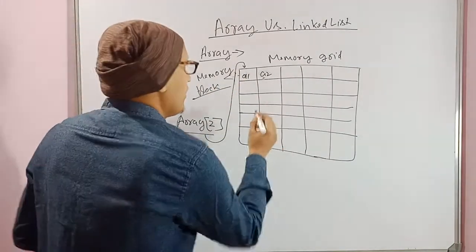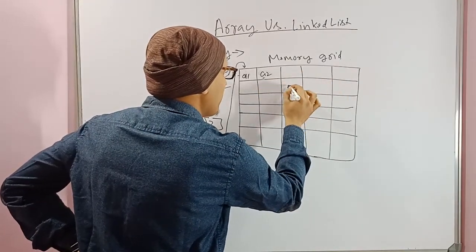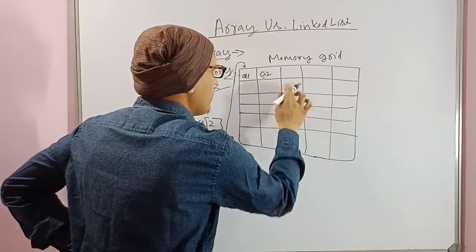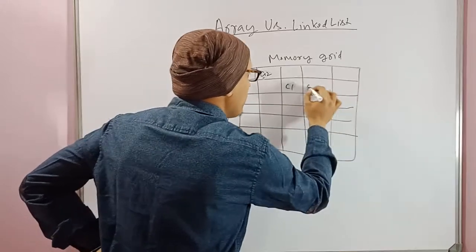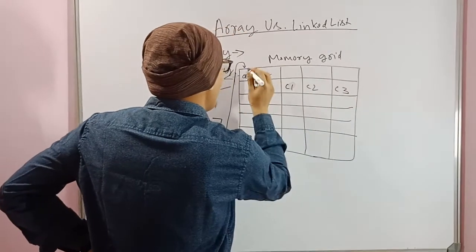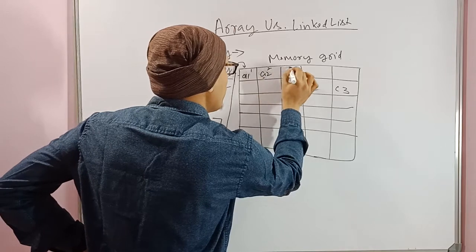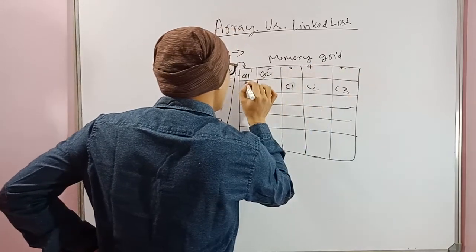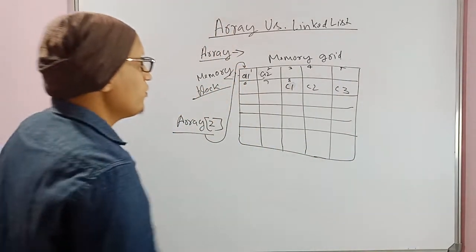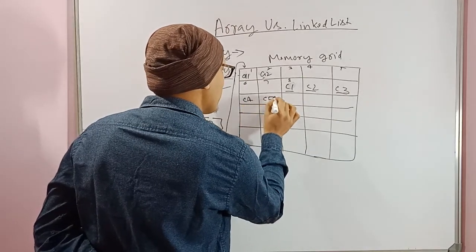Suppose some other data is filled in: C1, C2, C3 in memory locations 1, 2, 3, 4, 5, 6, 7, 8 and so on. Suppose this memory is occupied by C3, C4, C5.